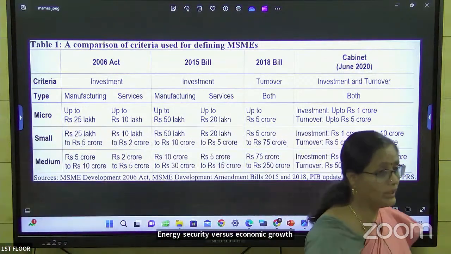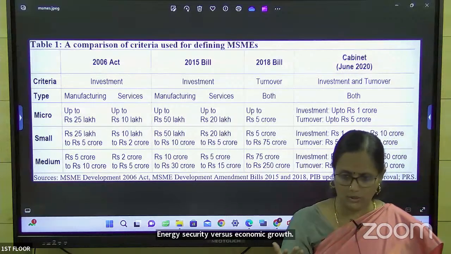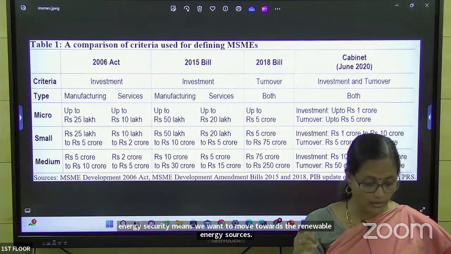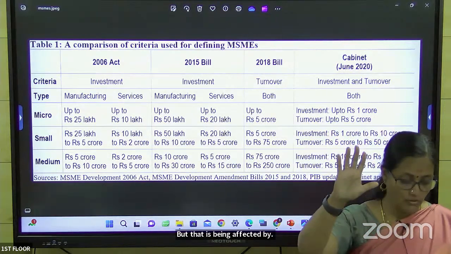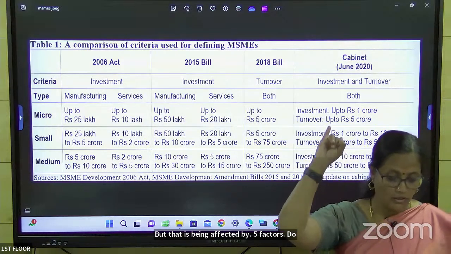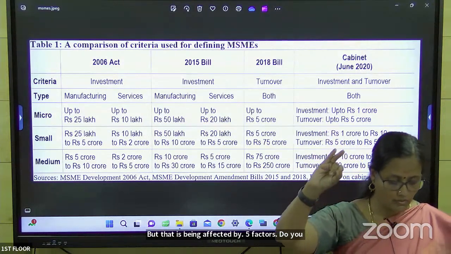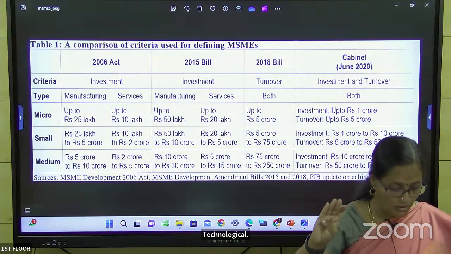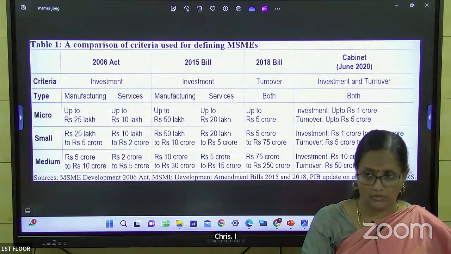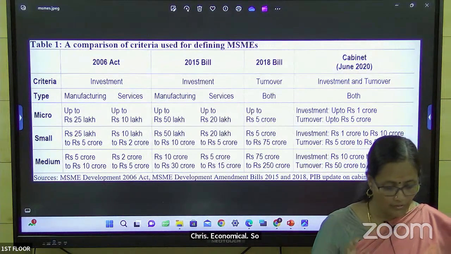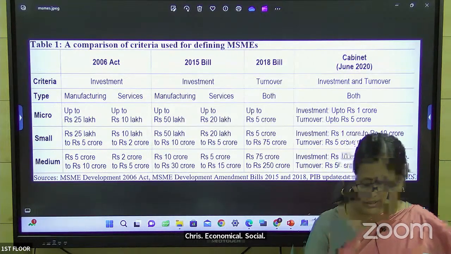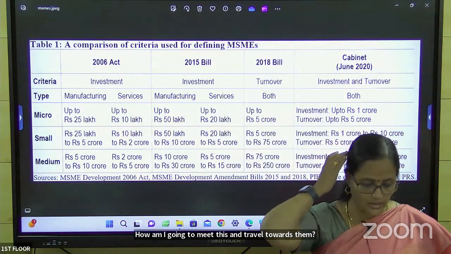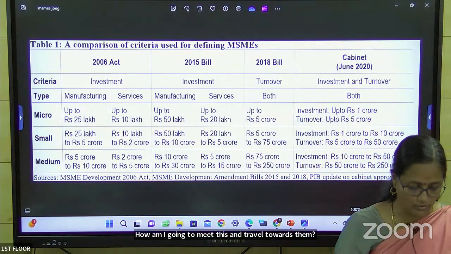When I want to do the energy transition, energy security means we want to move towards the renewable energy sources, but that is being affected by 5 factors: geopolitical, technological, fiscal, economical, social. All the 5 factors are affecting my energy transition. How am I going to meet this and travel towards the economic growth? So this is the second challenge which the country is confronting.